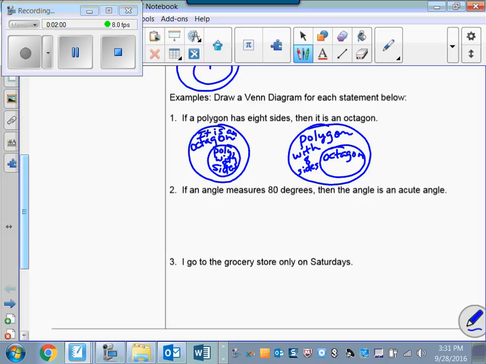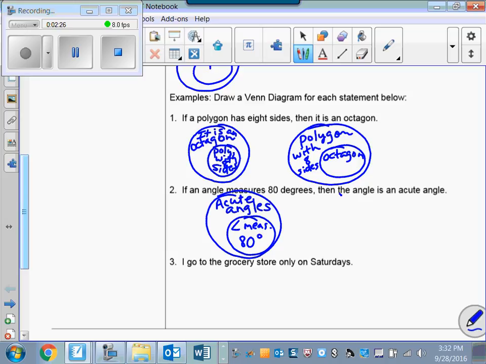How about this one? Maybe it works both ways too. If an angle measures 80 degrees, then the angle is an acute angle. So our hypothesis goes totally inside: an angle measures 80 degrees, and then it is an acute angle. So what do you think? Can I do that one either way?